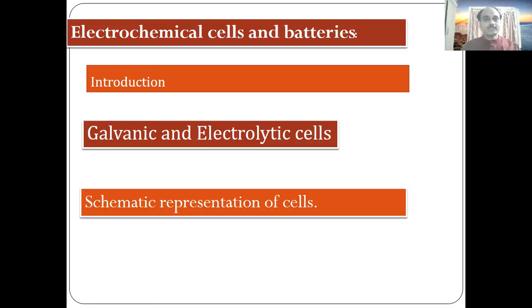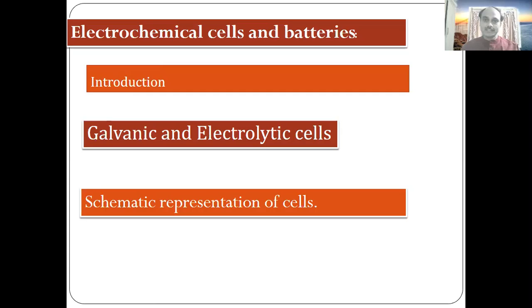Electrochemistry is the interconversion of electrical energy into chemical energy, or chemical energy into electrical energy. The galvanic cell is a cell which brings about the electrochemical reaction which generates the electric current.